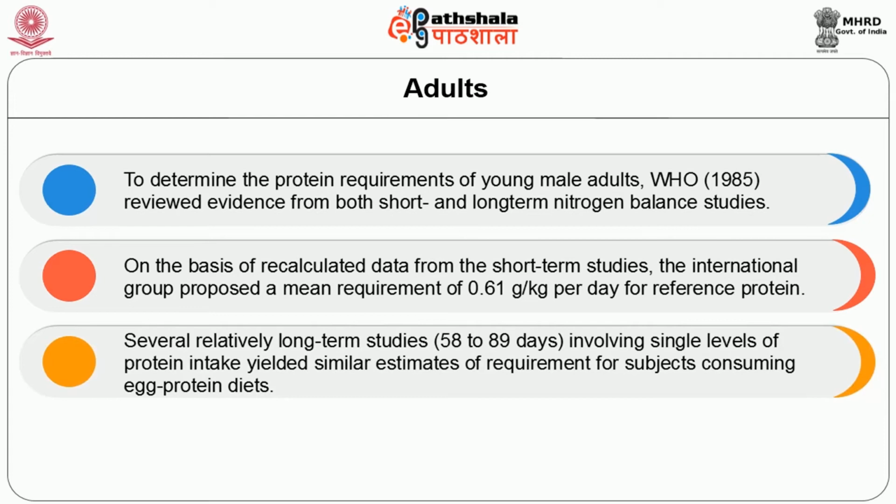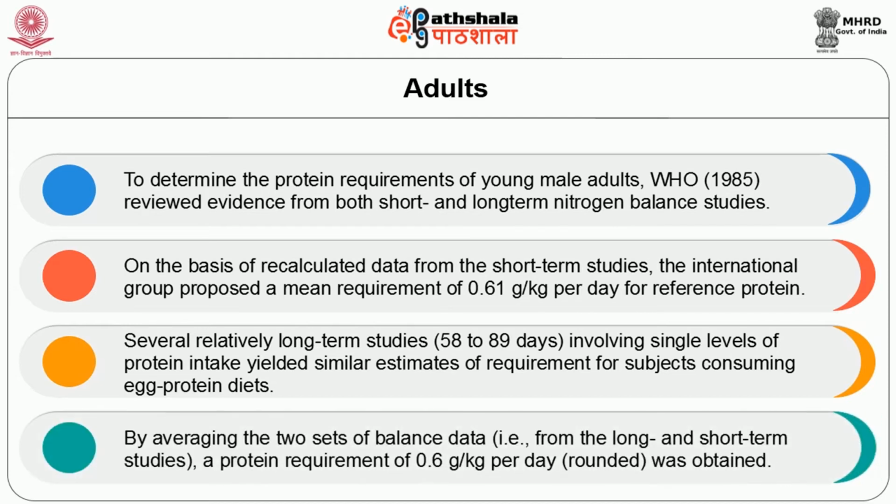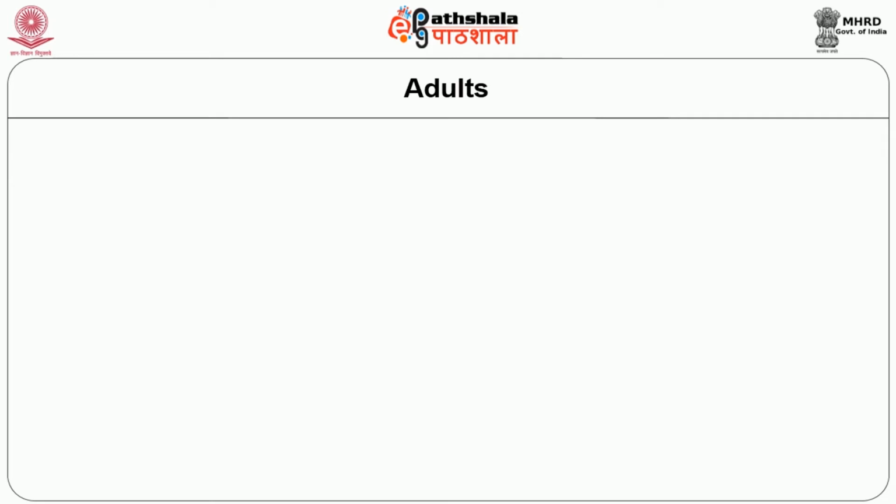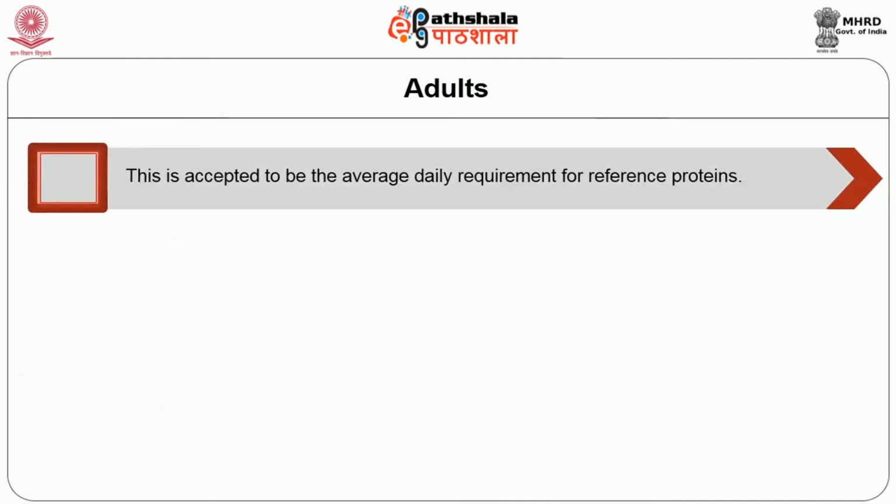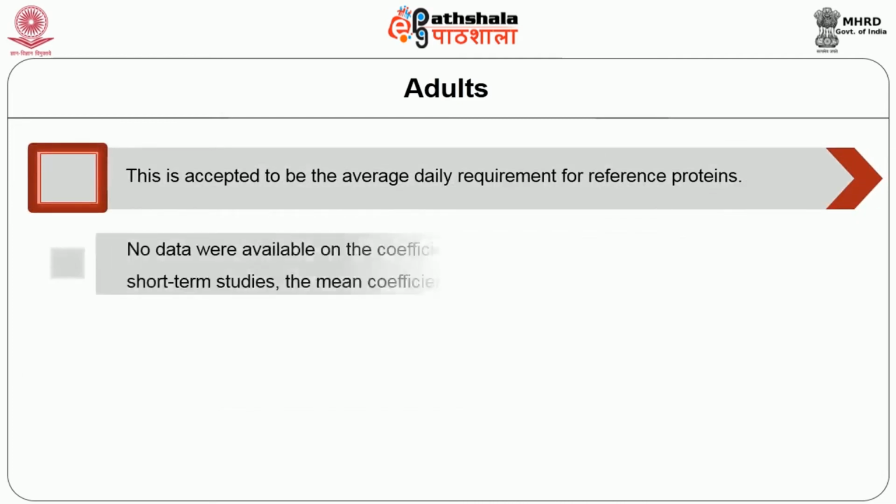Several relatively long-term studies involving single levels of protein intake yielded similar estimates of requirements for subjects consuming an egg protein diet. By averaging the two sets of balance data, a protein requirement of 0.6 gram per kg per day was obtained. This is accepted to be the average daily requirement of reference protein.